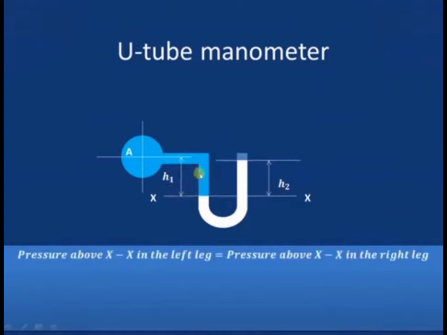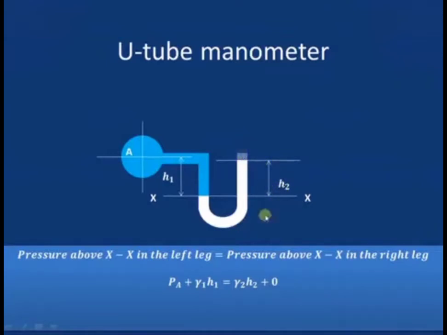We can say that the pressure above XX in the left leg is equal to the pressure above XX in the right leg. In the left leg, we have the pressure acting at point A, that is PA, plus the pressure corresponding to this H1, that is gamma 1 H1, because the liquid present in the pipe has a specific weight of gamma 1. This is equal to the pressure above XX in the right limb.